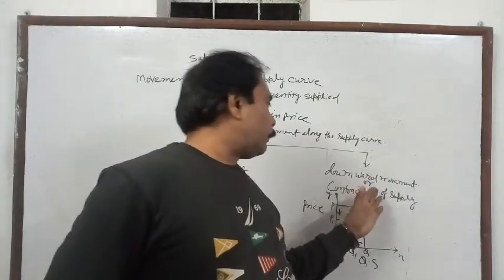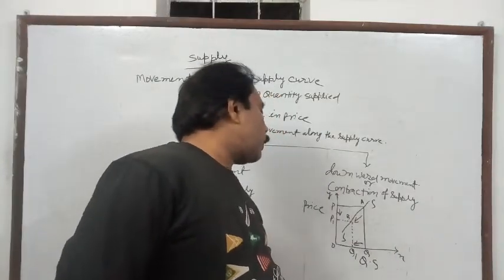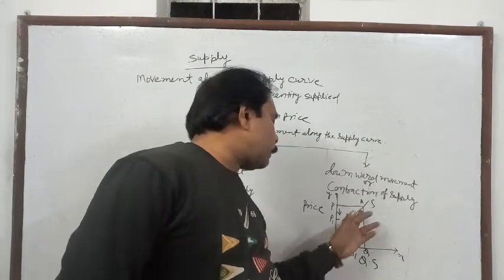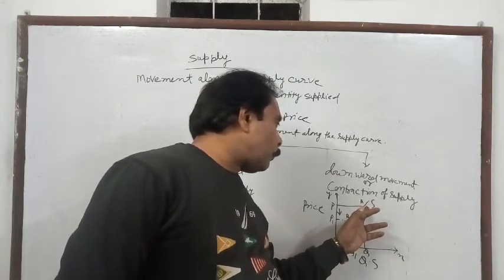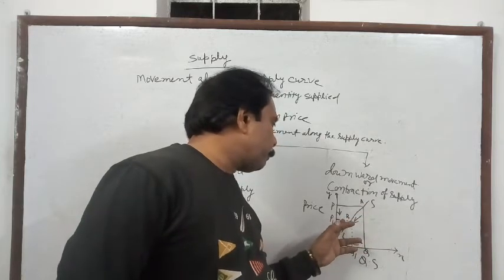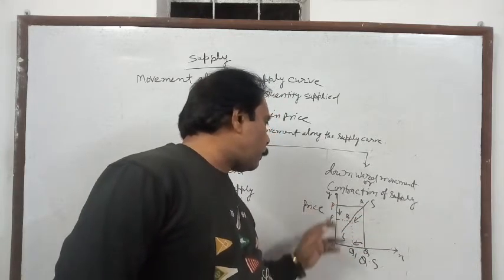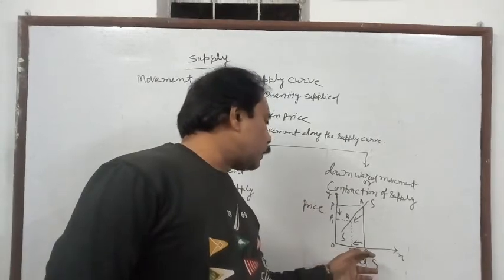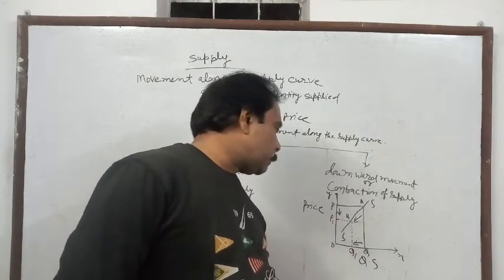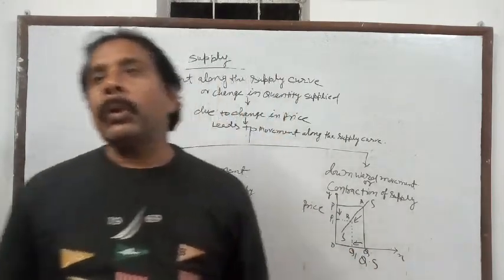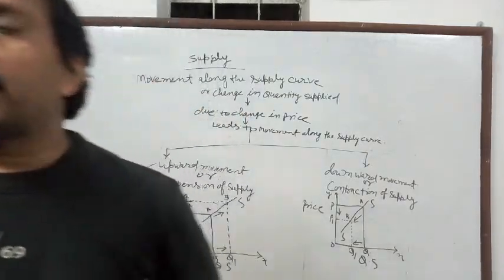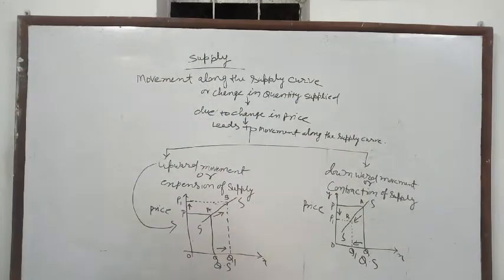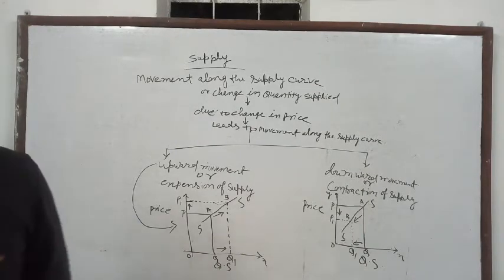But in case of contraction of supply or downward movement of supply curve, the supply moves downwards from A to B as the price falls from OP to OP1, or the quantity supplied decreases from OQ to OQ1. Is it clear? I hope you understand better the movement along the supply curve.